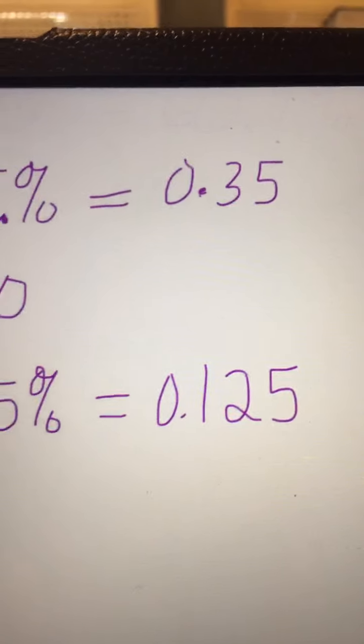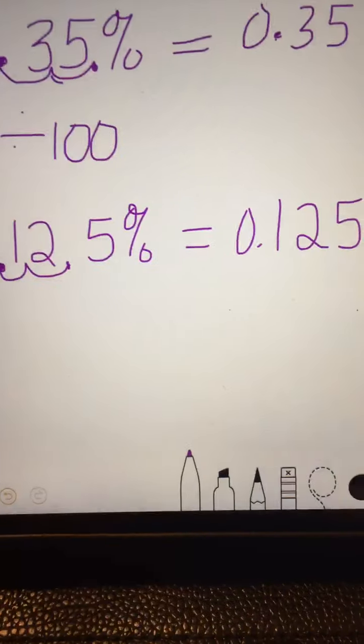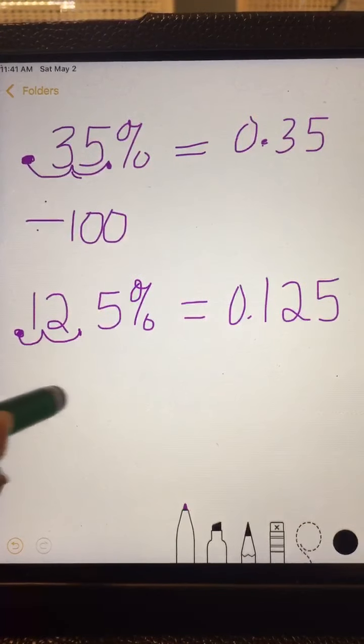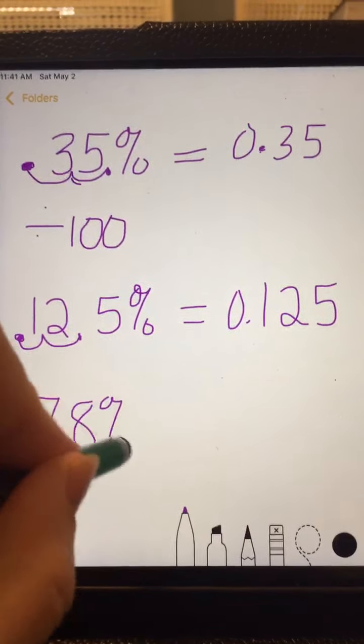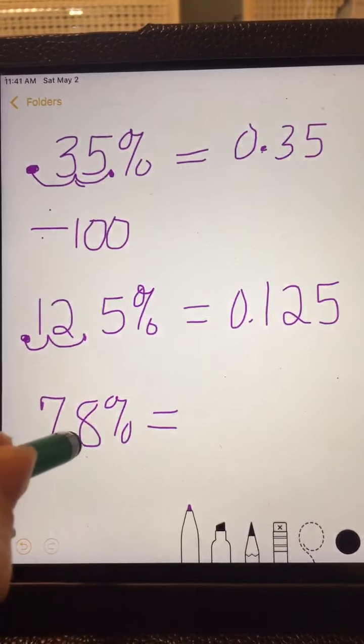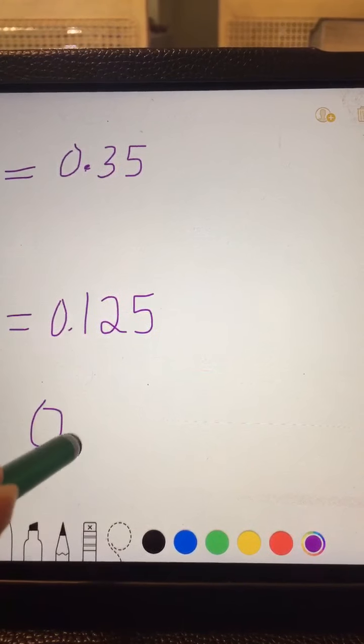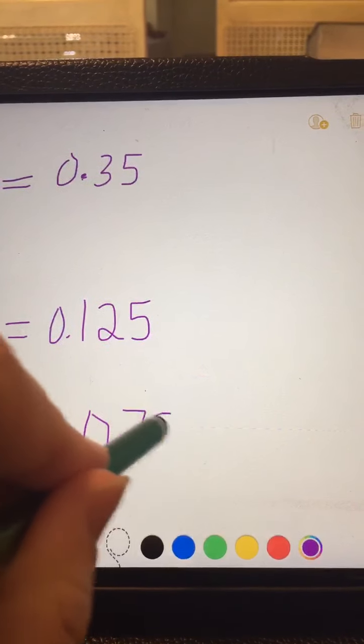All right, try the next one on your own. 7.8% equals, move the decimal point over 2 places to the left, and you should have 0.078.